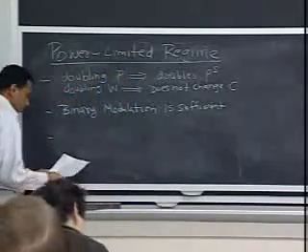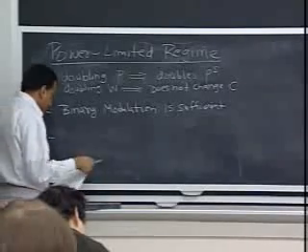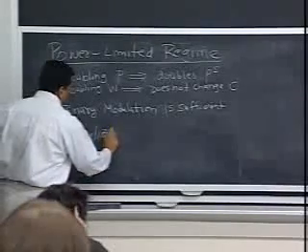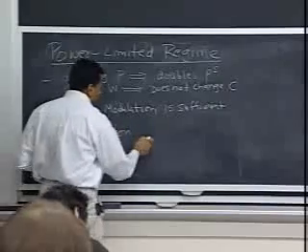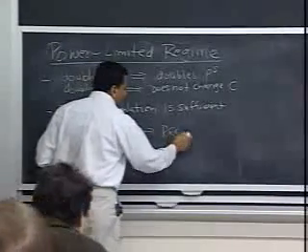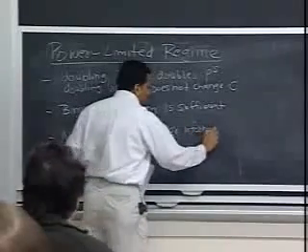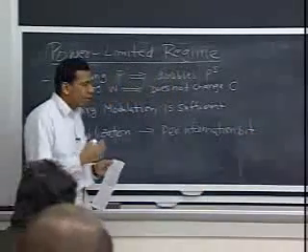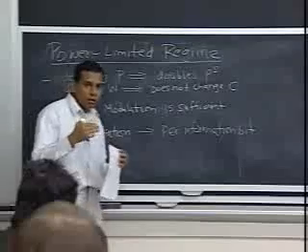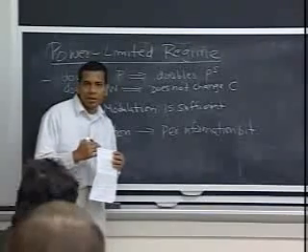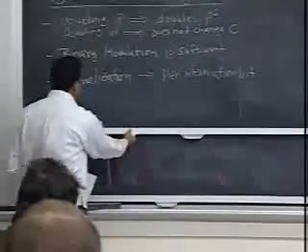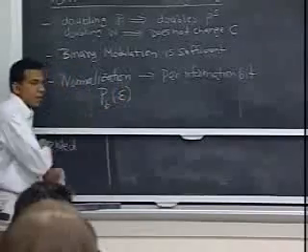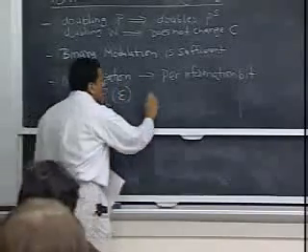What else? Right. Typically, the normalization is done per information bit. What does this mean? When we are wanting to compare different systems, we will look at all the parameters normalized per information bit. For example, if we want to look at the probability of error, we will look at this quantity here, P sub B of E, which is the probability of error per information bit as a function of Eb/N0.